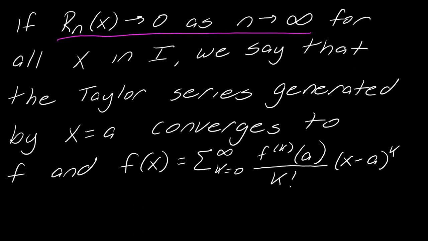This is why this error term matters and why we care about it so much. If it goes to 0, then that means that our Taylor series converges to f. So this is giving us a guarantee that our function rewritten in this series form, these are actually equivalent. It's kind of a crazy thing that you can rewrite functions in a series form, but that is what this is guaranteeing to us.